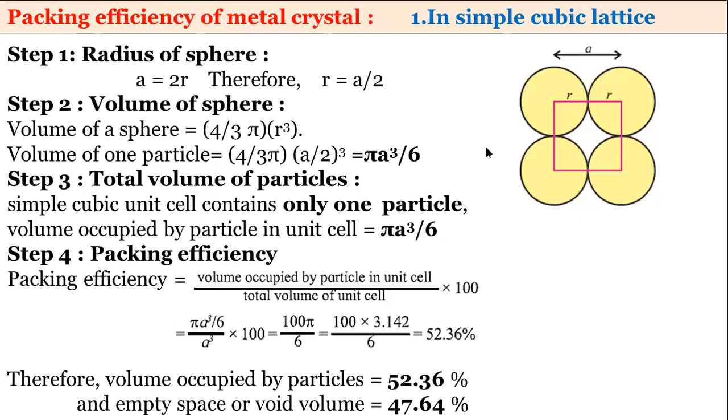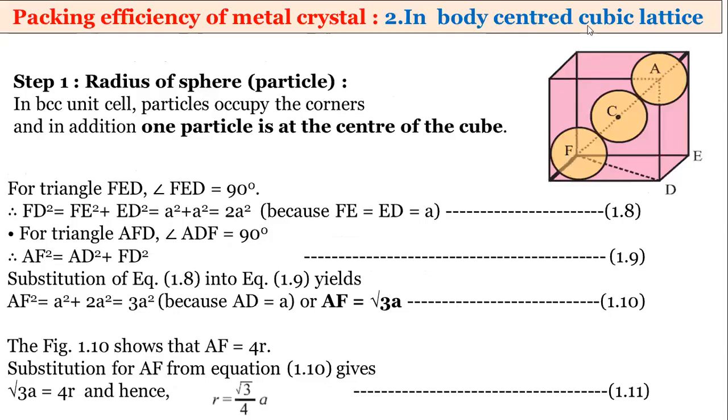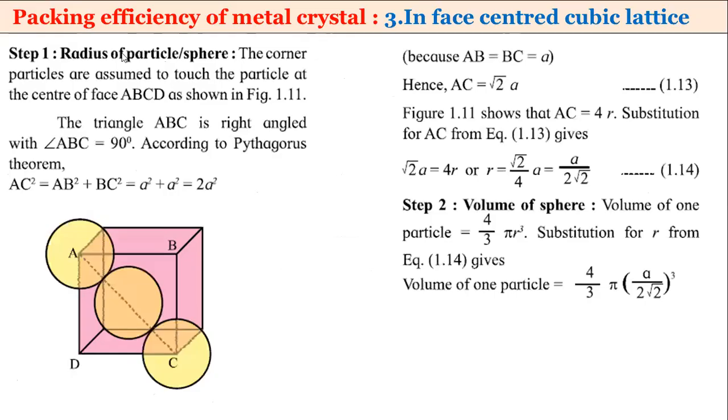Packing efficiency is very important, because how the packing efficiency is calculated can be asked in the exam. Only 2 packing efficiencies are there: simple cubic unit cell and body centered cubic unit cell. The face centered cubic unit cell part is deleted, it is non-evaluative, for this year only.